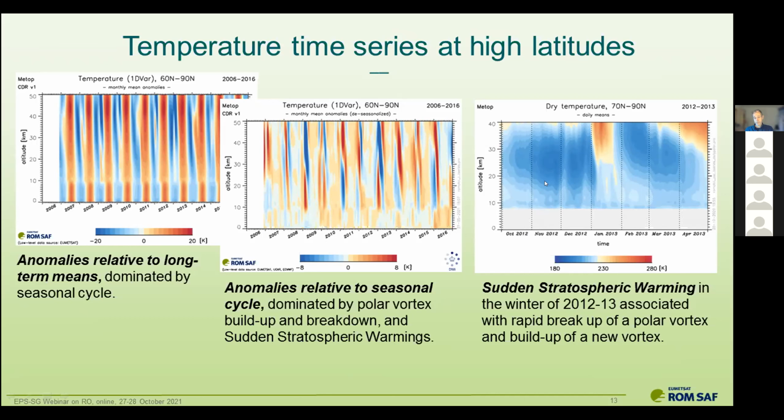So this was a case with very cold conditions in the polar stratosphere, and then a sudden breakdown of the polar vortex and a sudden stratospheric warming, and then a buildup again of the polar vortex. And we can actually follow the evolution of the polar stratosphere.